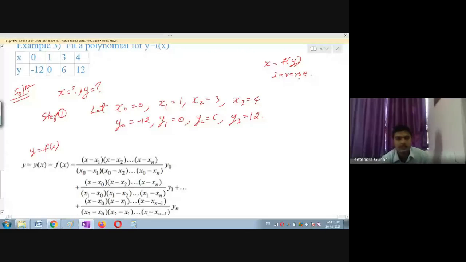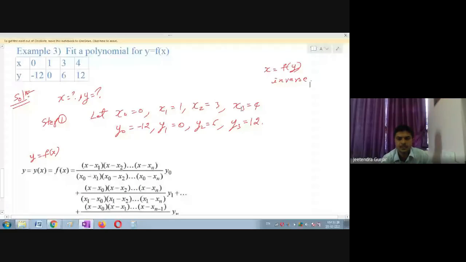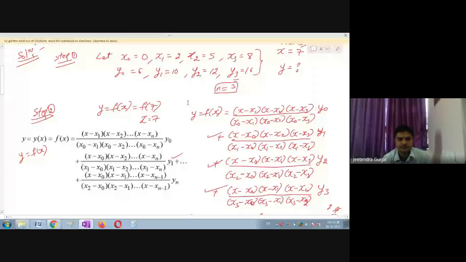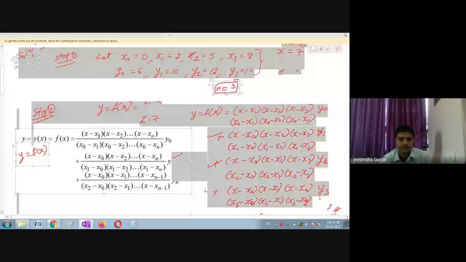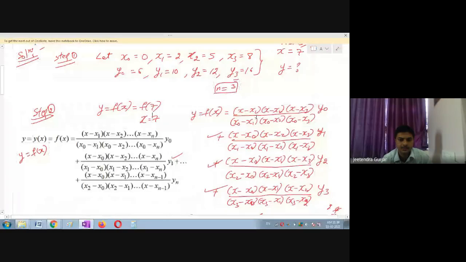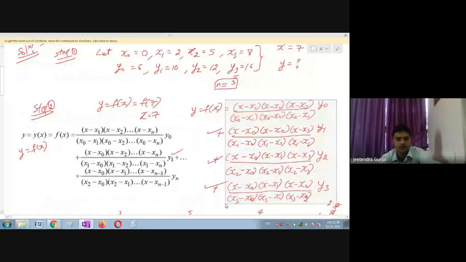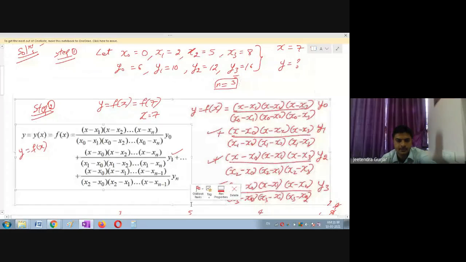Now you can take the same formula for n is equal to 3. Let me try to catch this. Okay, here I can do it like this. So no change in this.